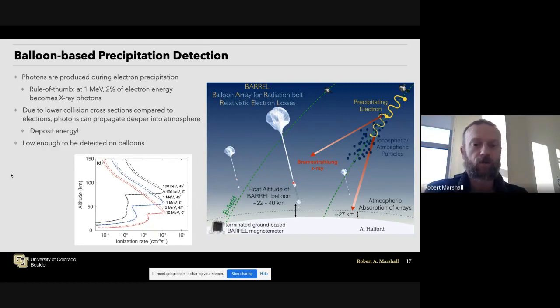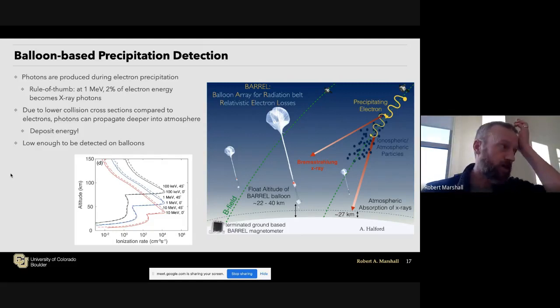The most recent, of course, is BARREL, shown here on the right. And BARREL is a series of dozens of balloon missions that have flown over a number of years, complementary to Van Allen Probes, in fact. And they've made just some fantastic measurements of radiation belt precipitation through these X-ray signatures.